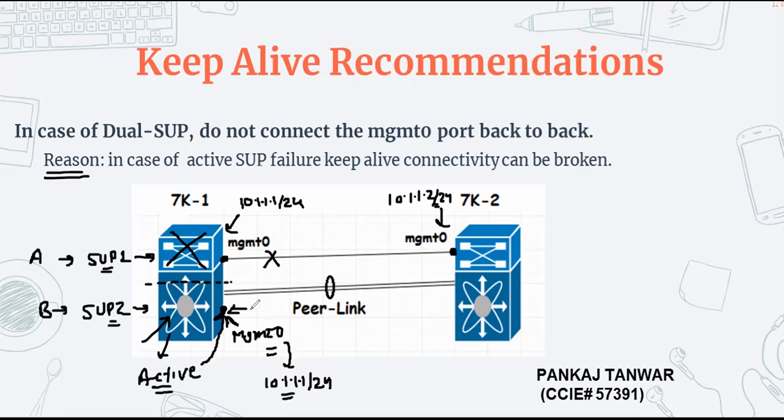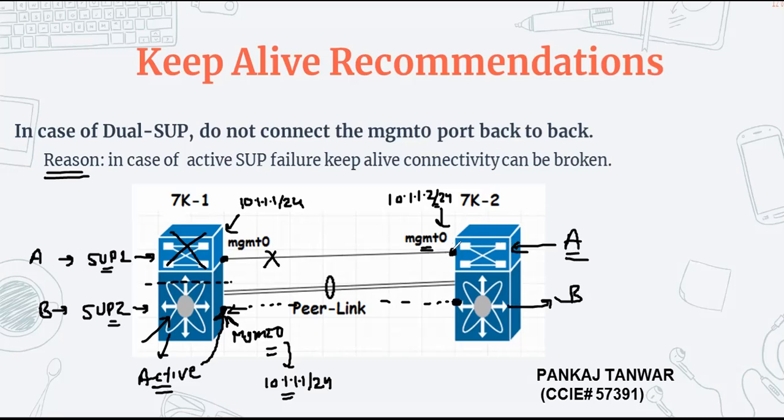Even so, you can think, okay, no problem, we'll connect the backup SUP engine management port also to the N7K2. But in that case, let's say this was your active SUP and this was your backup SUP, because the management 0 interface will be owned by the active supervisor engine only.